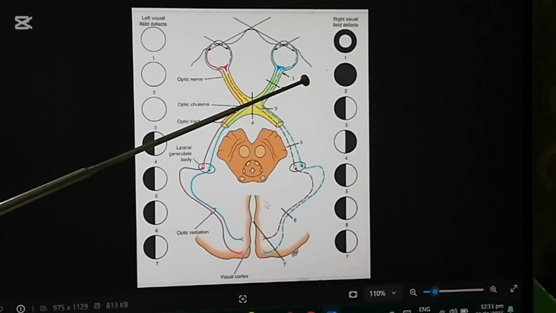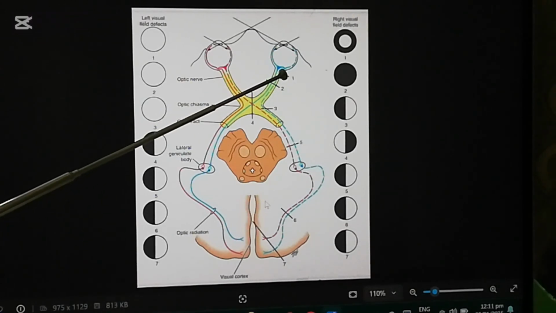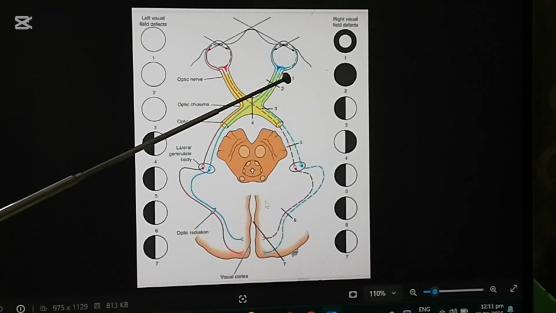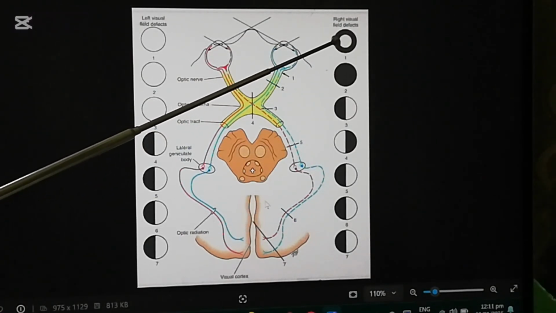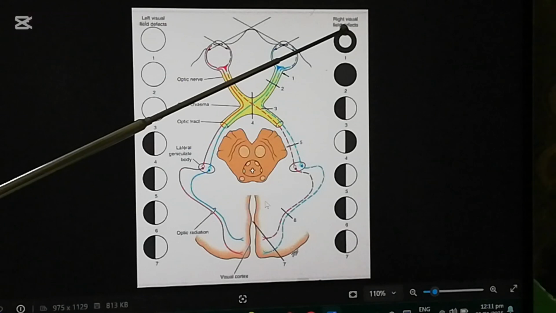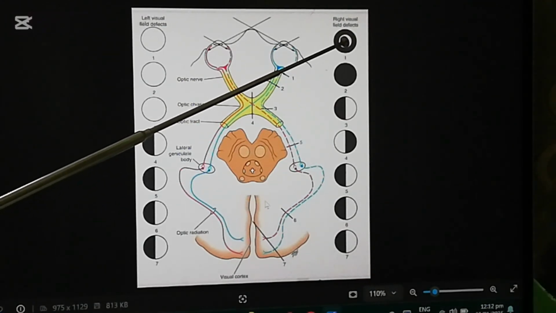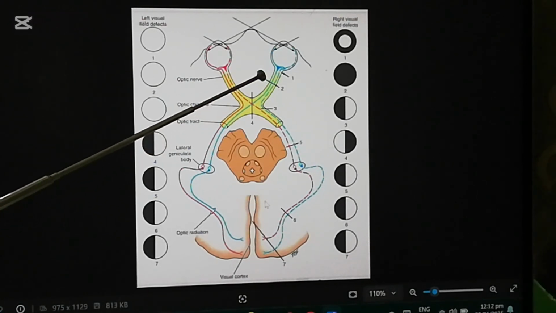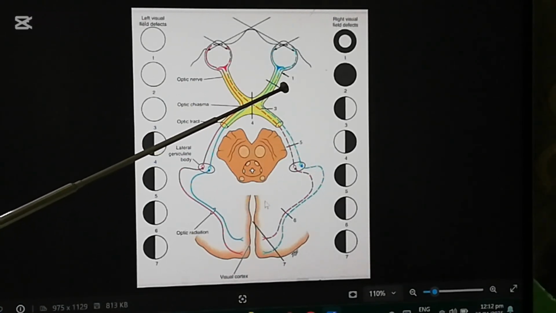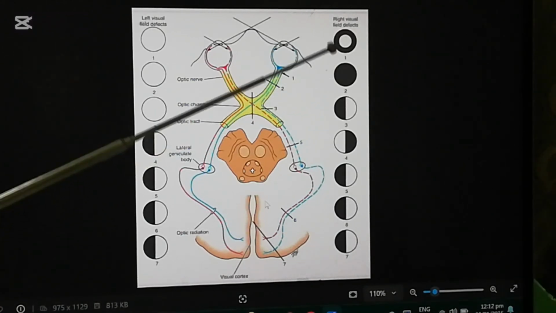If there is a lesion on the right edge of the optic nerve, it will impair the periphery of your vision, so we label it as right visual field defect sparing the central region. If there is a cut of the right-sided optic nerve, you get complete anopia, complete blindness of the right eye.